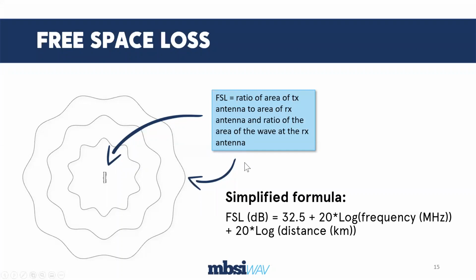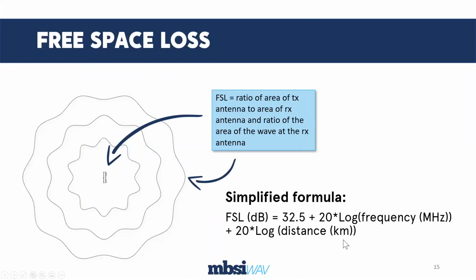There probably are 20 different ways to express this mathematically, and different engineers will have different favorites. My favorite is the simplest. Free space loss in decibels is this 32.5 factor plus 20 times the log of the frequency in megahertz plus 20 times the log of the distance in kilometers.